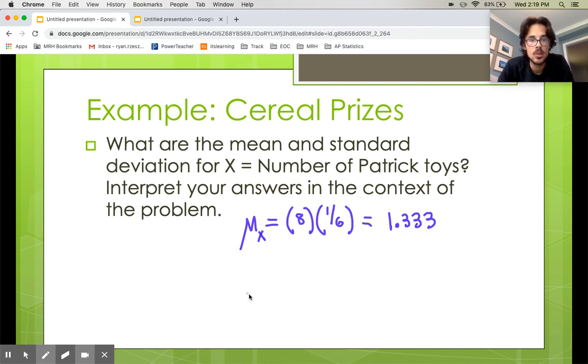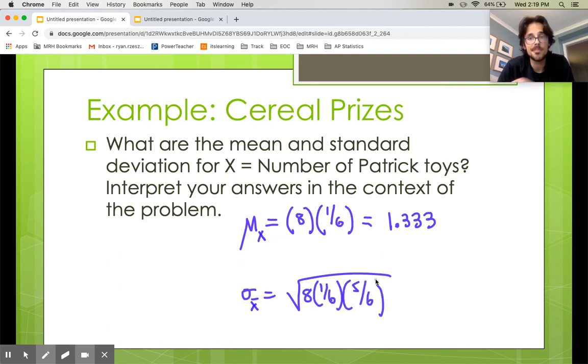And then for the standard deviation on this one, you would set up N times P times 1 minus P, and then do the square root on that. So my standard deviation on this problem, I would do square root 8 times a sixth times 5 sixths, which is like 1.05.